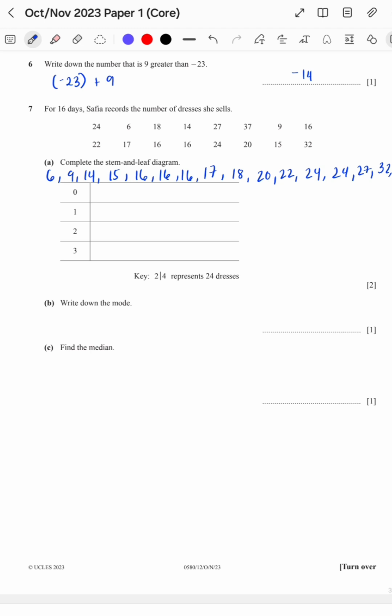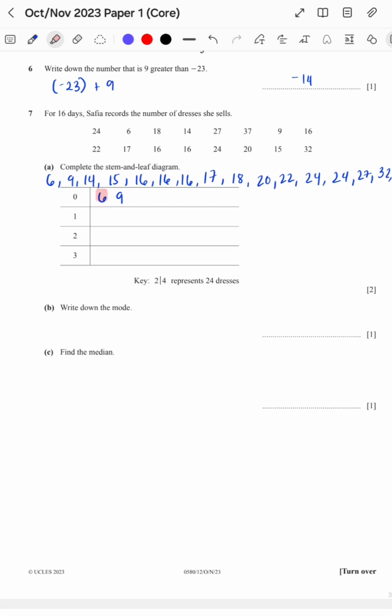Let's now complete the stem and leaf diagram. There are only two one-digit numbers, which are 6 and then 9. From this side, you start from the smallest number. So that's 6 and 9. And then the next number is 14. 14 is in the tens place, so you just write the units. So that's 4.